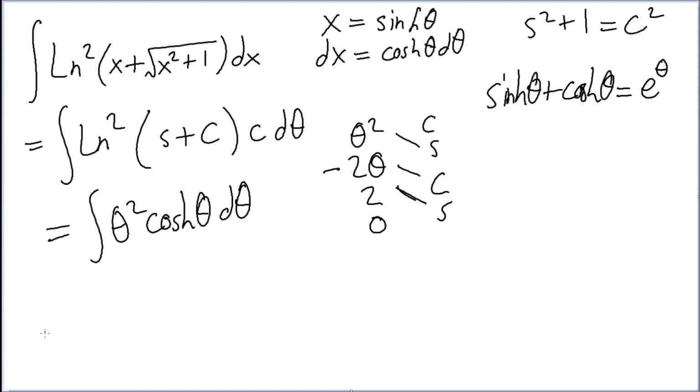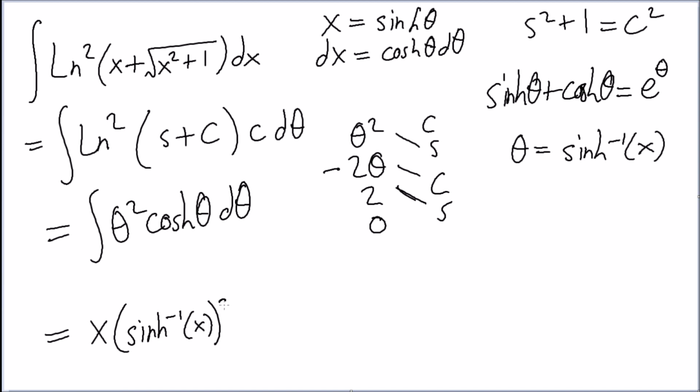So now, what is theta? Theta is equal to inverse sinh of x. And sinh theta is x. So we have x times inverse sinh of x, squared, and then minus 2.